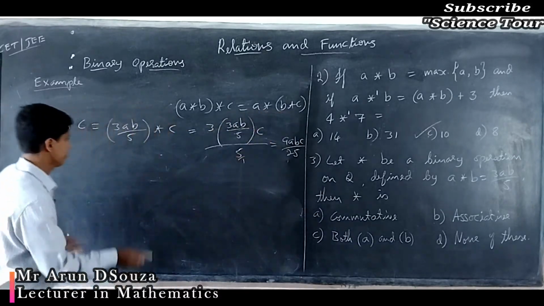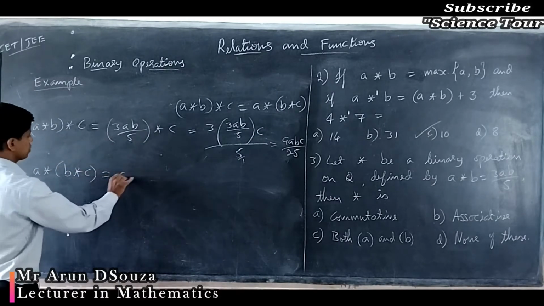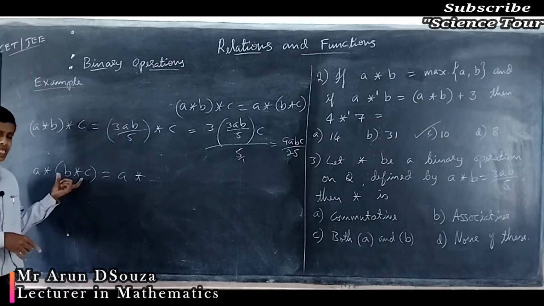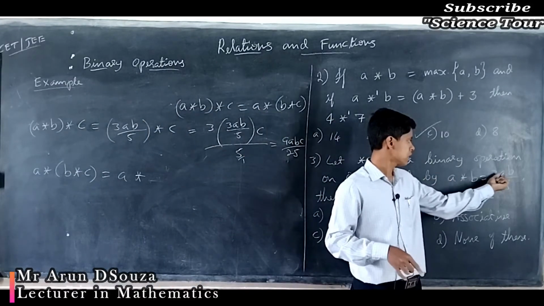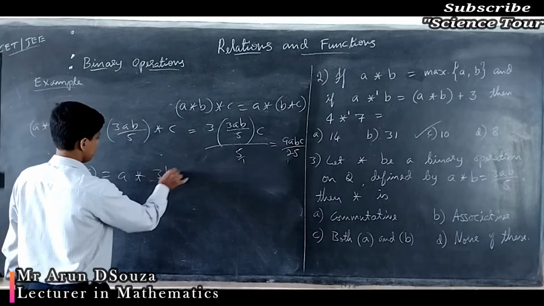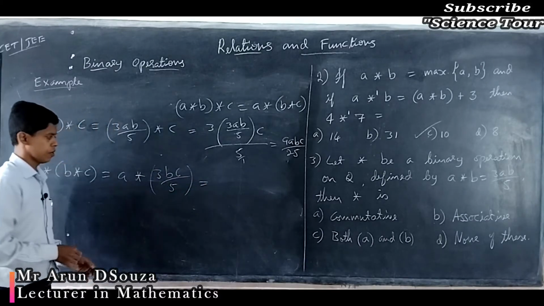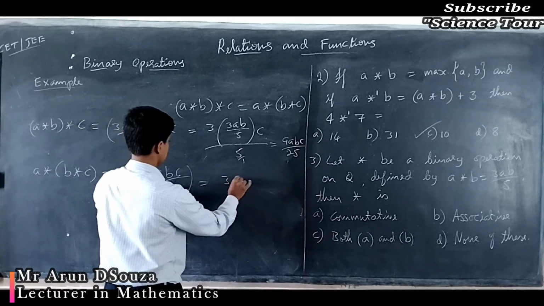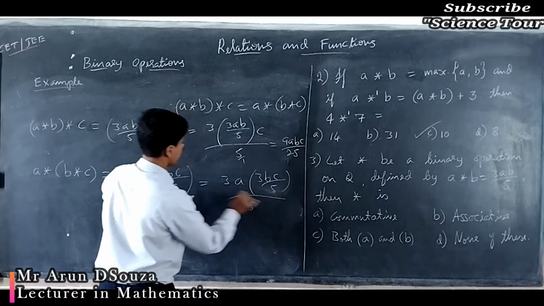Now let's go for the right hand side. So that is A star and then B star C. So A star I'll keep as it is. I'll use the formula A star B for B star C. Okay, so I'll use this formula. So what is B star C? 3BC by 5, correct? Now A star B, that is 3A and then B by 5. Understand?